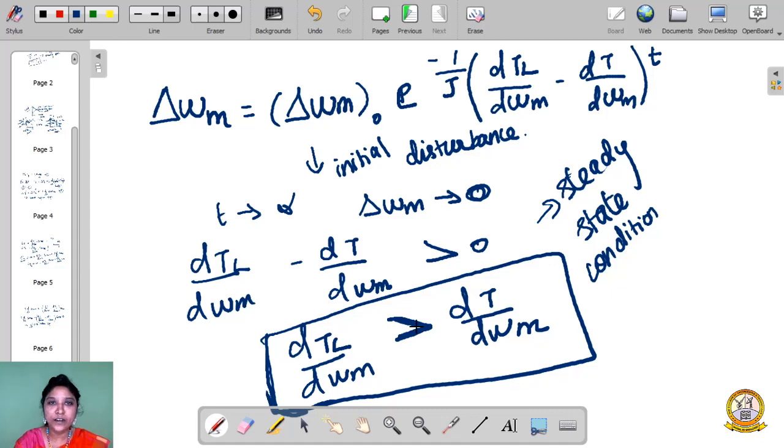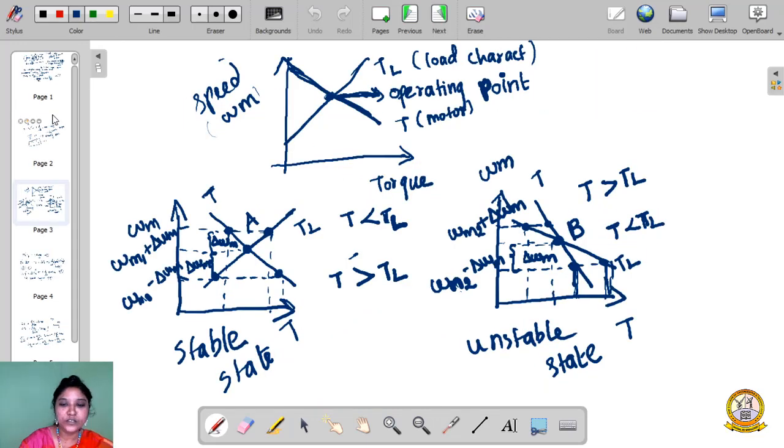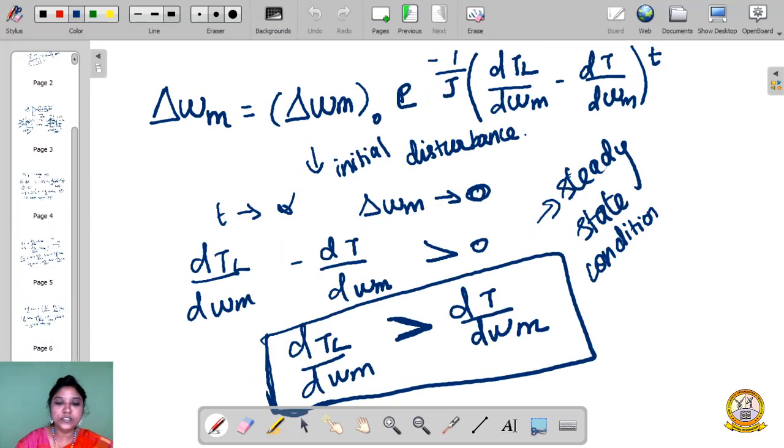We also saw this from the demonstration, and from the operating point also. So we have derived this equation here also. So this is the steady state condition of an electric drive.